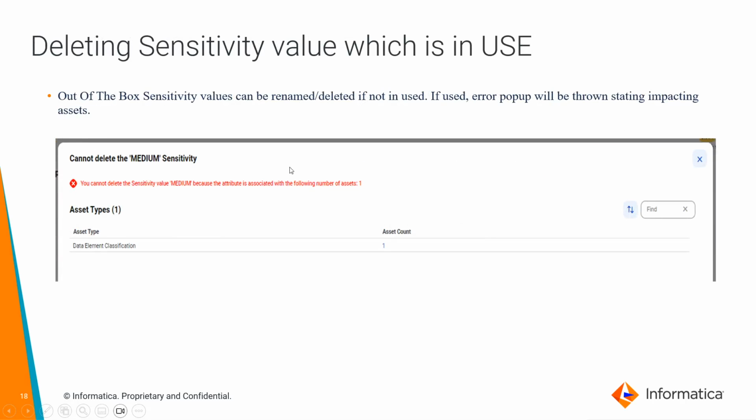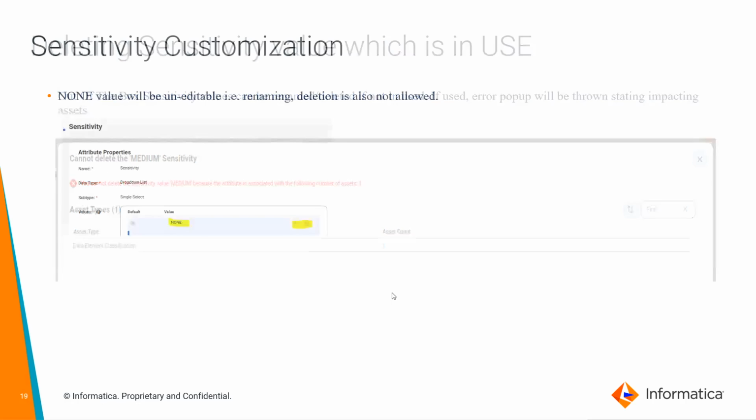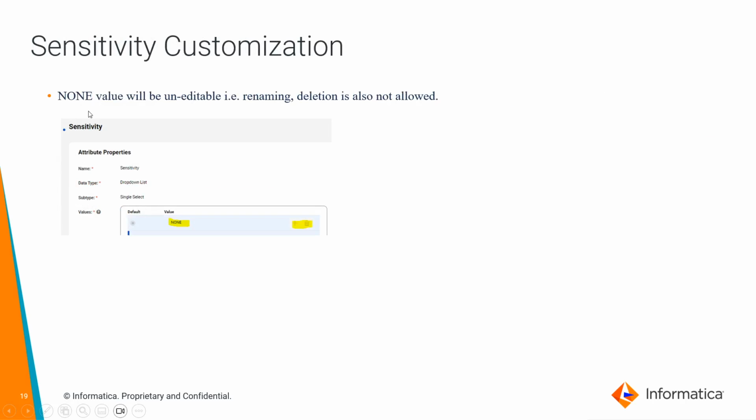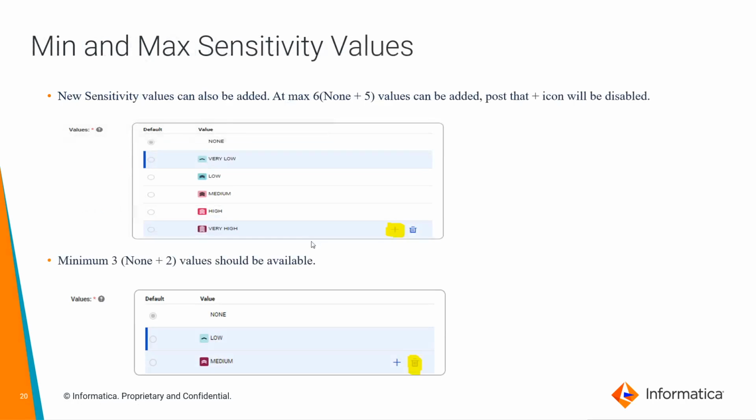If used, an error will be thrown. For example, medium is a sensitivity and it has already been used in a classification, or an assigned classification. Then the sensitivity customization has a default none value and it will not be editable. That is, renaming, deletion, anything is not allowed for this none.